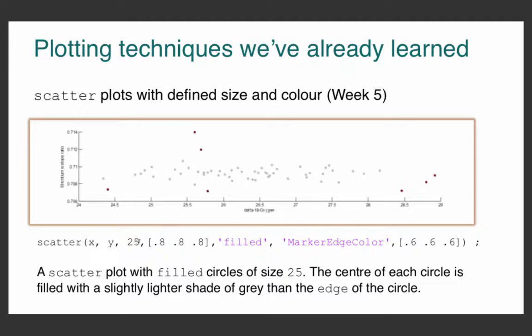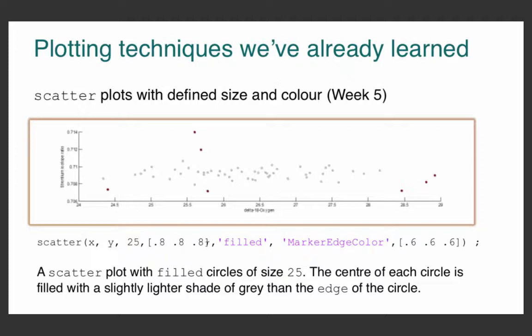This 25 here is the point size, so the larger this is, the larger these circles are. This is for plotting these gray points here. Of course, you'd use a different color to plot the red points. We're telling it to be filled in, so it's not a hollow point, and this is the color to fill it in with.